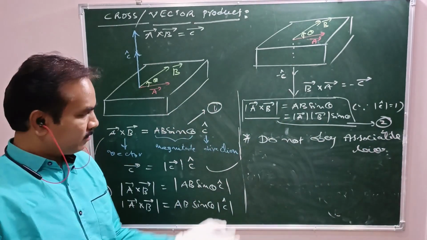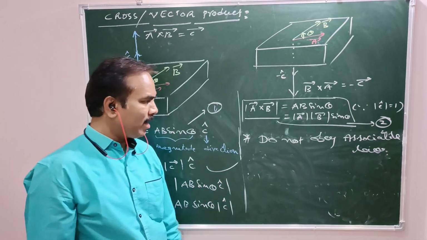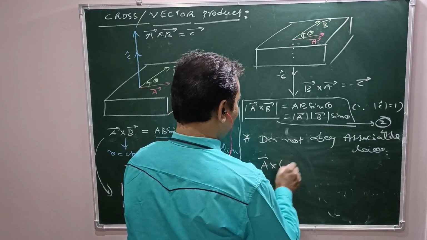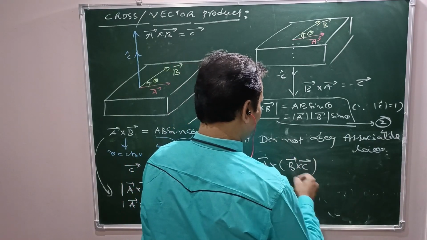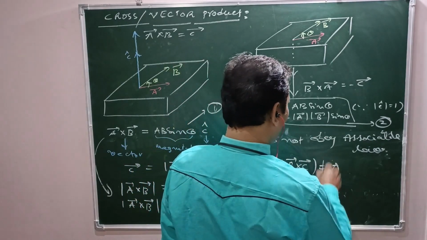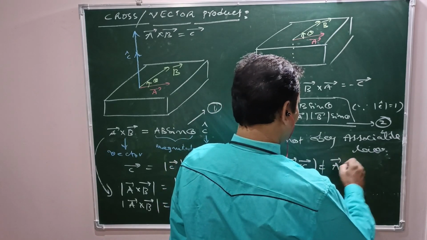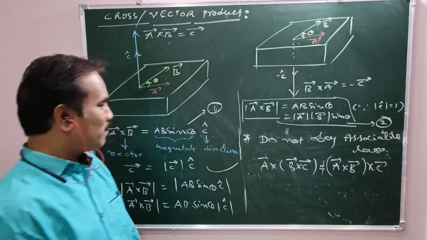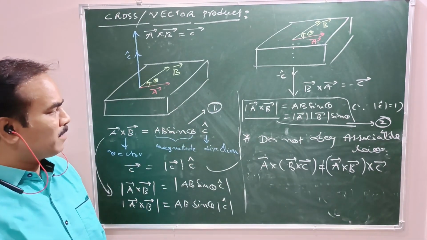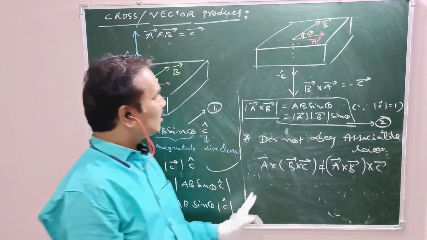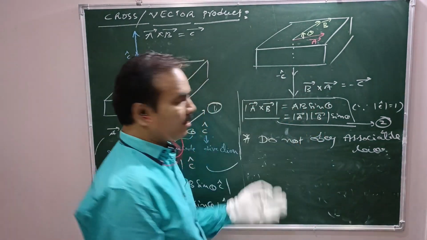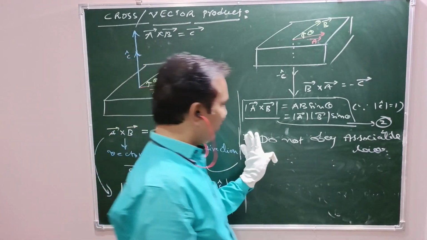Cross product of three vectors does not obey the associative law, in the sense A cross B cross C is not equal to A cross B cross C with the grouping changed. Okay, right? So these are characteristics of the cross product of vectors.